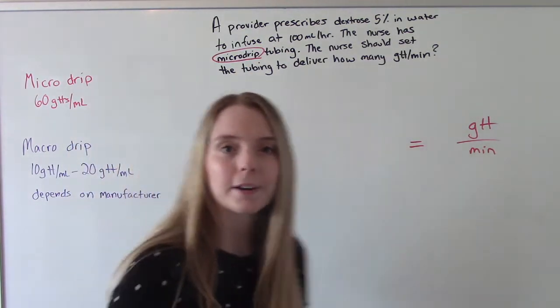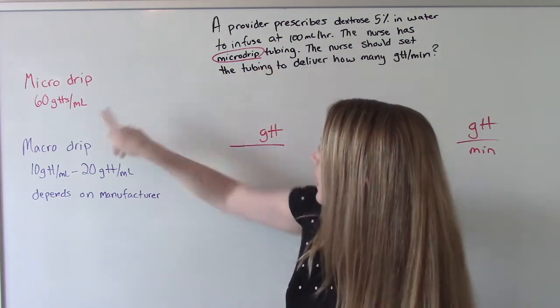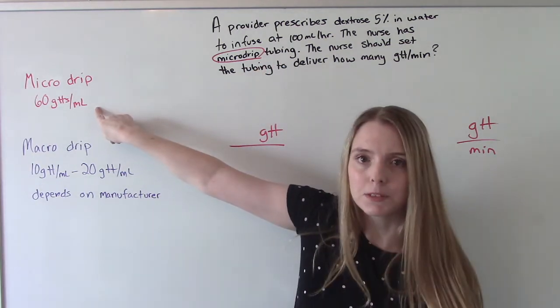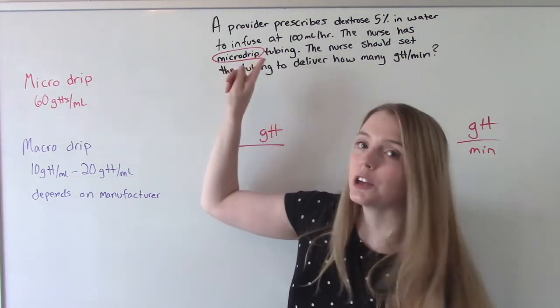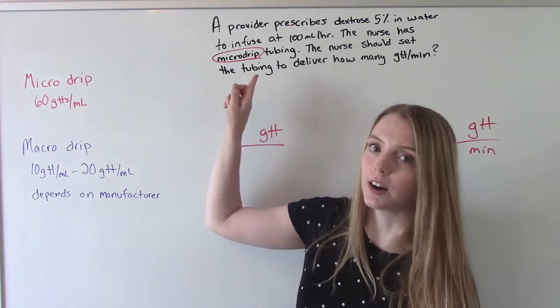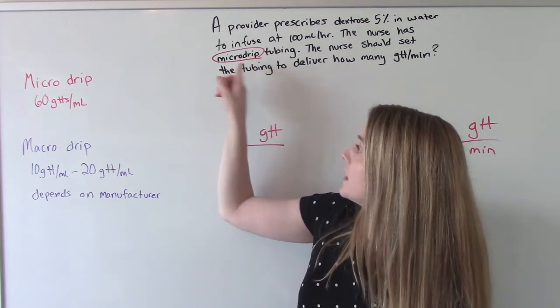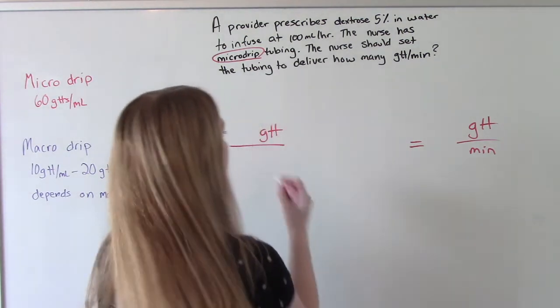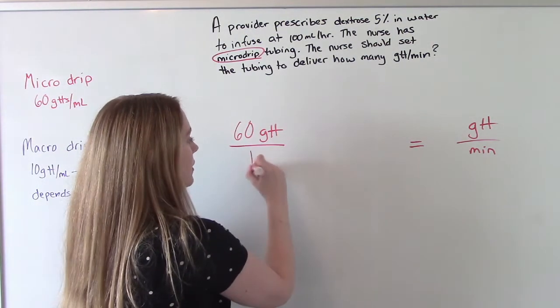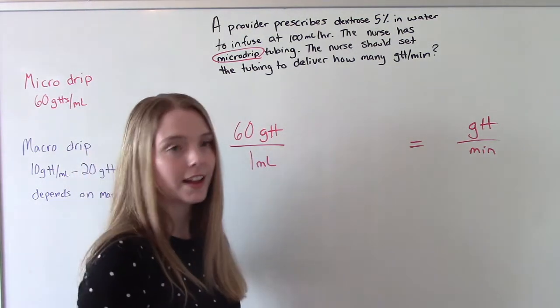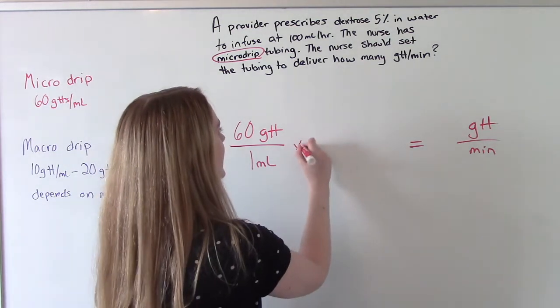So if you remember, microdrip tubing is always 60 drops per ml. So if it doesn't tell you in the problem, pay attention to this part. So you will know, okay, this means it's 60 drops per ml. So that's what you'll put here. Now everything else is the same.